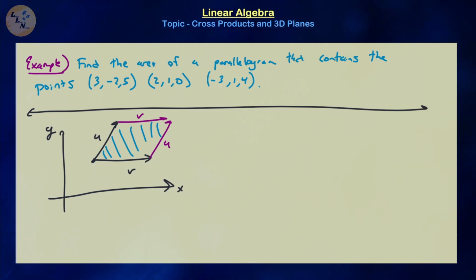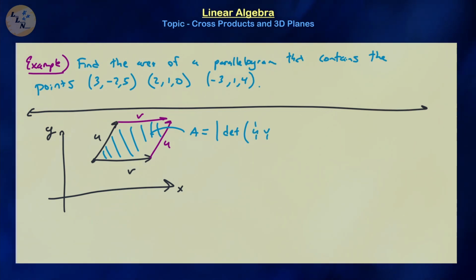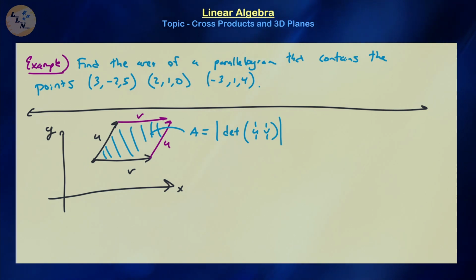Now question, how do you find the area enclosed by these vectors? One can show that that's equal to the absolute value of the determinant of u and v. So it's the determinant of that 2 by 2 matrix.